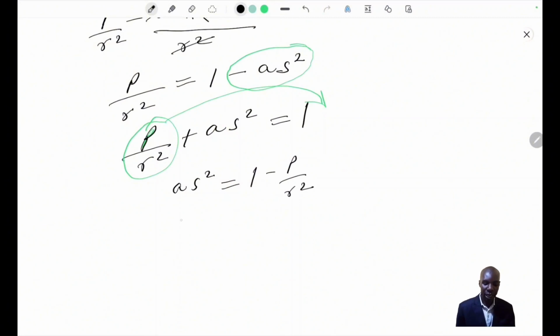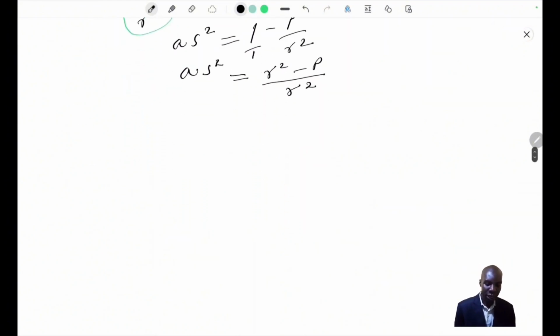So we have got AS squared. Let's get the LCM for the right hand side, over 1. So we'll have R squared minus P. So that will give us now AS squared is equal to R squared minus P over R squared. Our aim is to make S the subject of the formula.